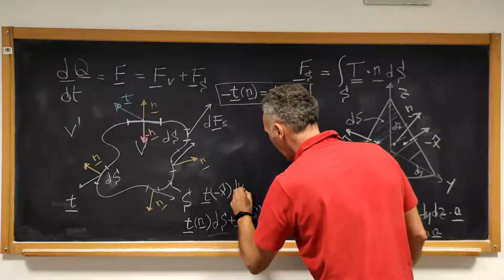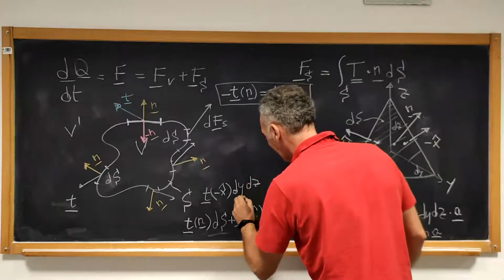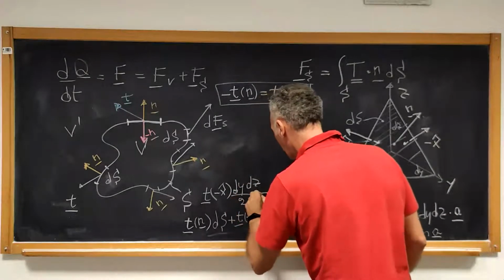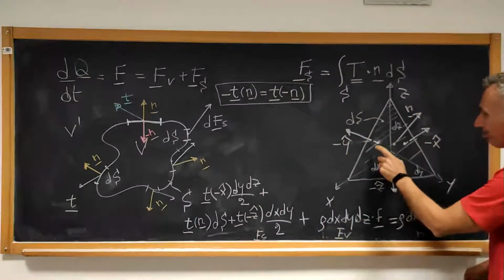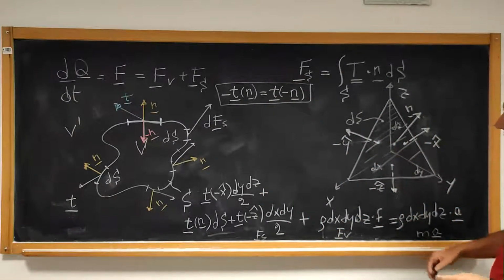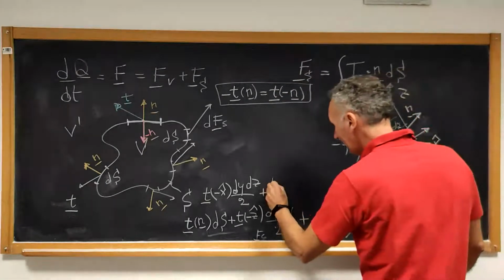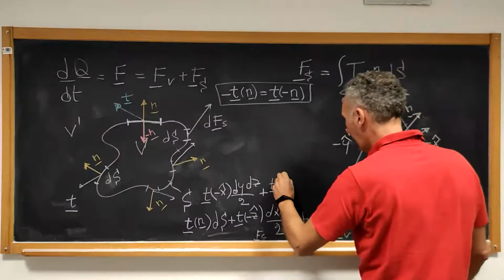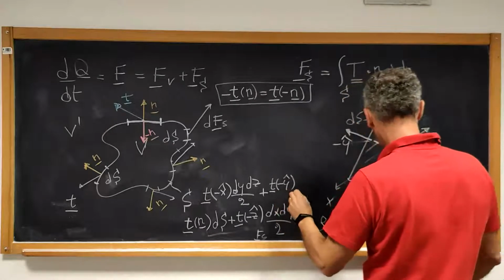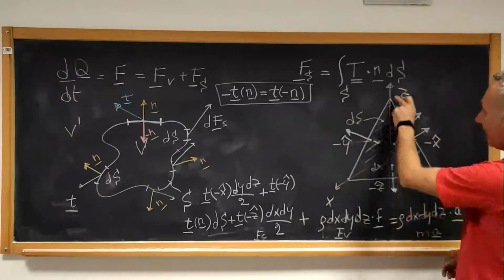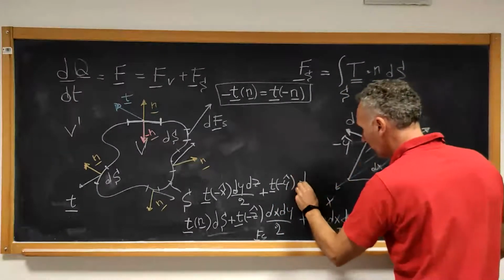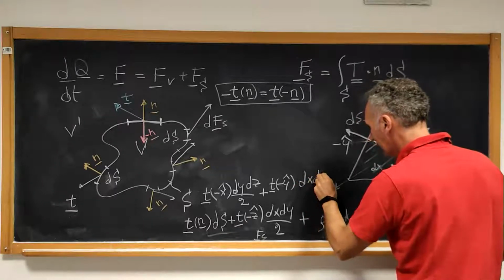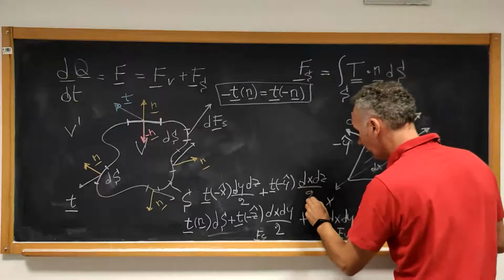So dy dz divided by 2 plus the final contribution, that would be t vector of minus y hat dx dz divided by 2.